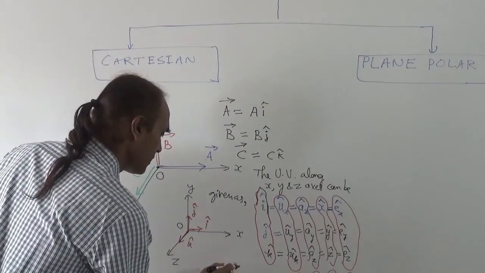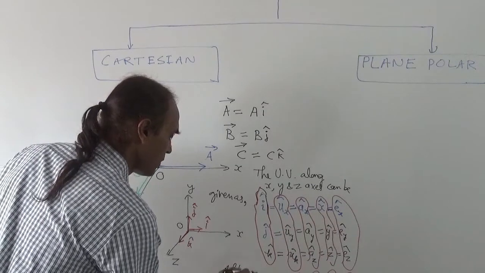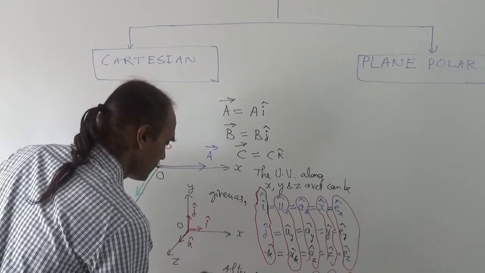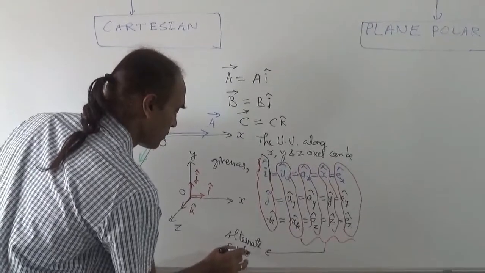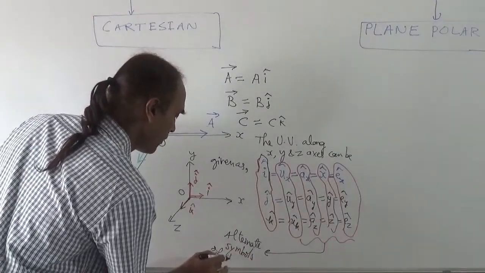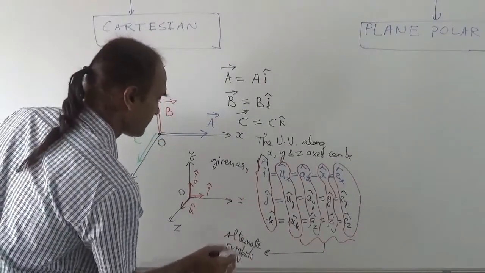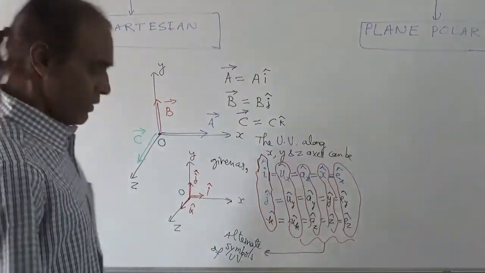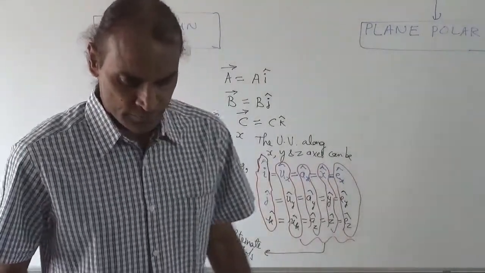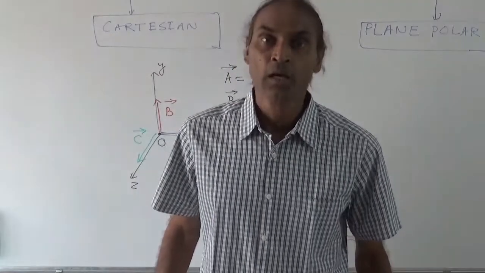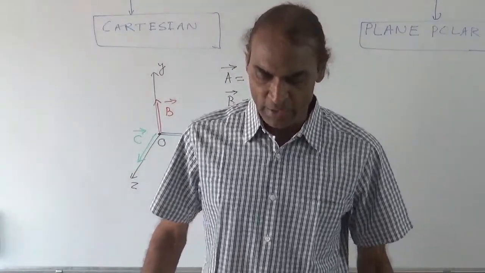The alternate symbols of unit vector. Any direction is specified by a unit vector.